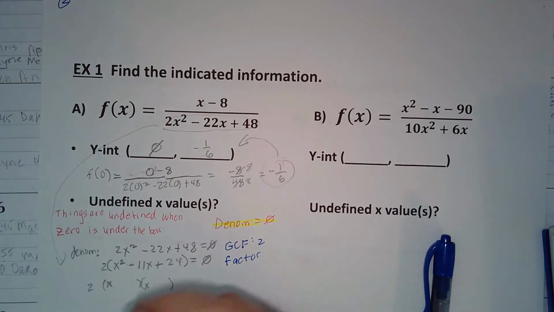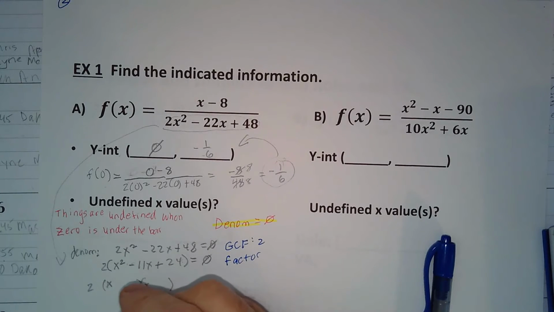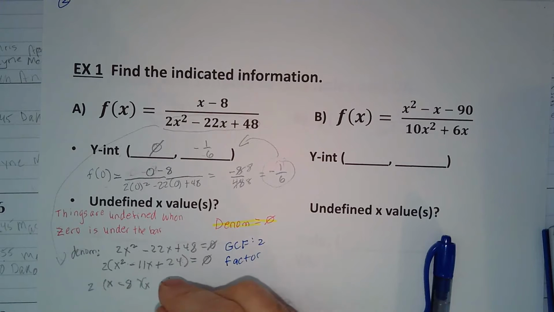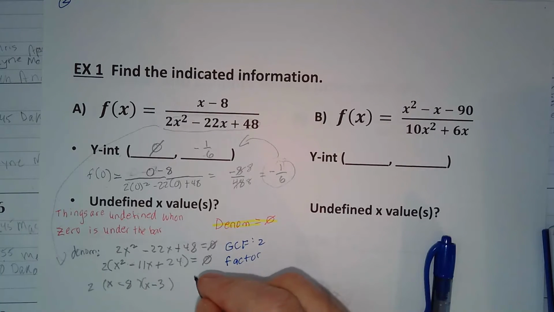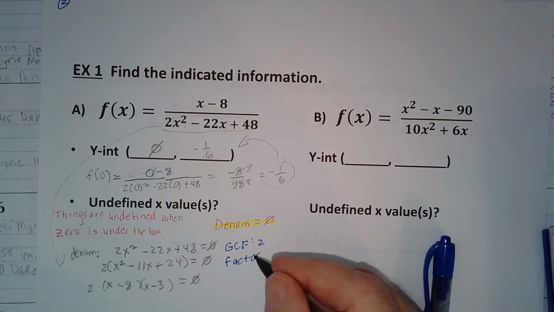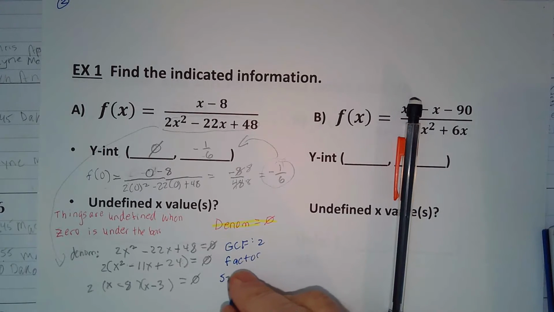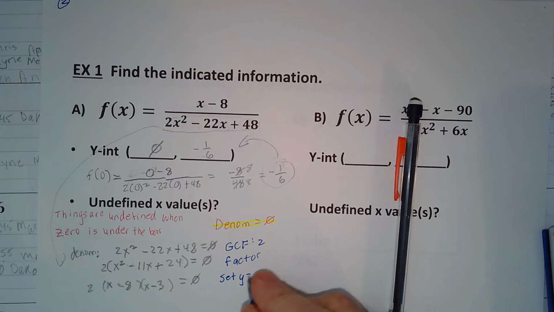Well, 3 times 8 is 24, and 3 plus 8 is 11. So negative 8 and negative 3. And that equals 0, because we always set these to equal 0. And so I'm going to set y to equal 0, and that's what we did here.